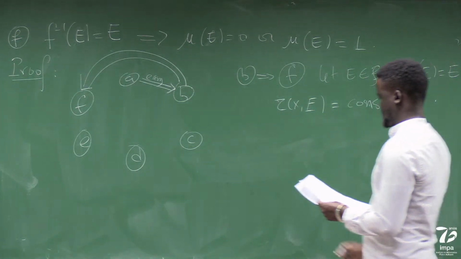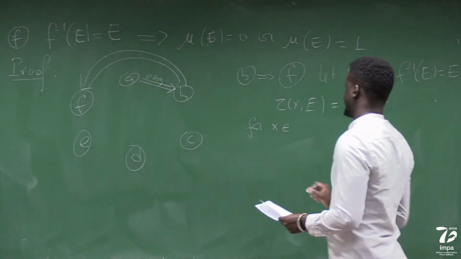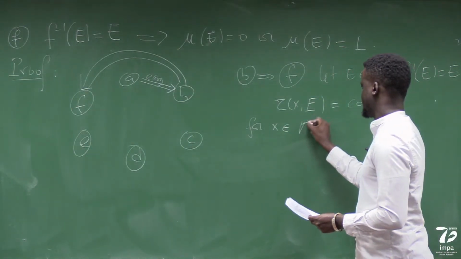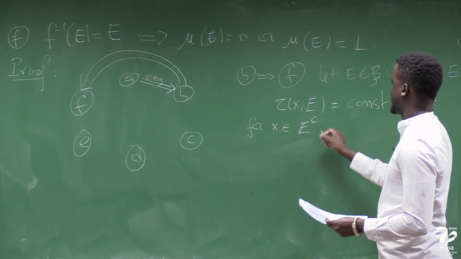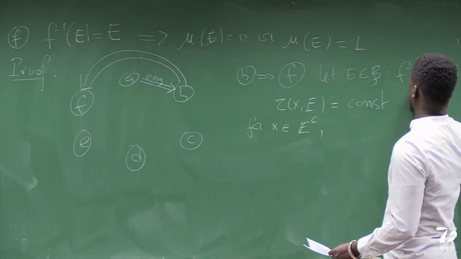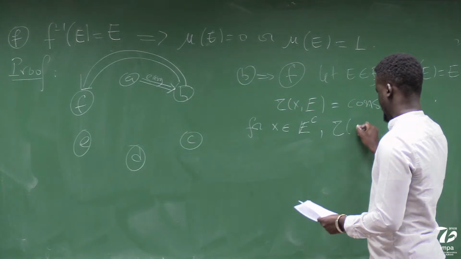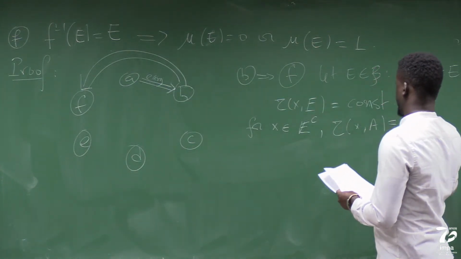And you can see that if you take a point x in E complement, for x not in E, by this set being invariant, you can see that tau of x A is 0.